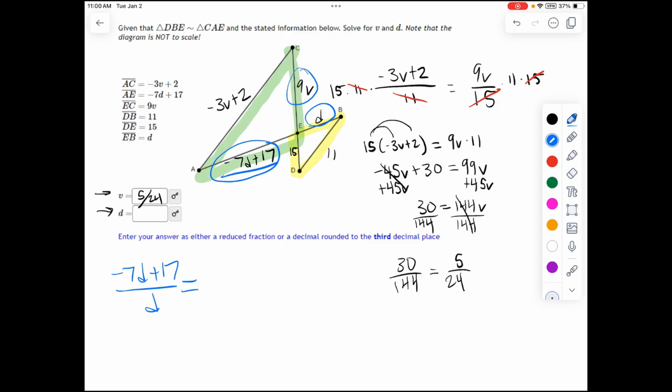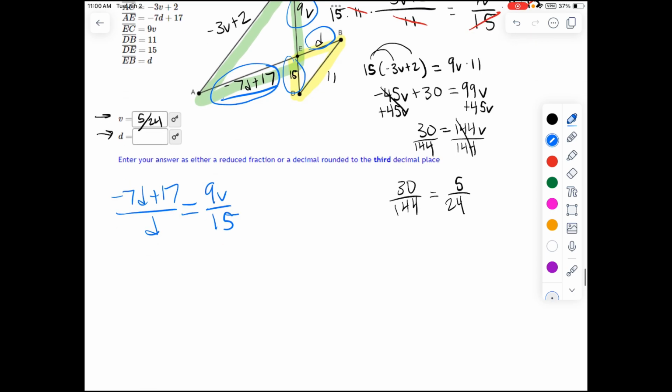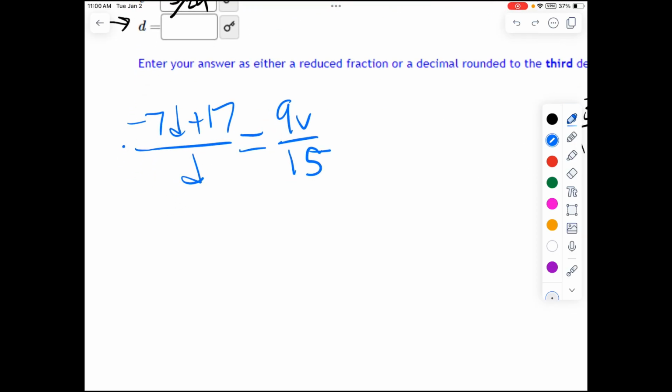Now, because it's less to write, I'm just going to do 9v over 15. Regardless of whichever one you pick, you will end up at the same answer. Okay? Alrighty, so now let's just solve for our d, our variable right there. Same idea as before.